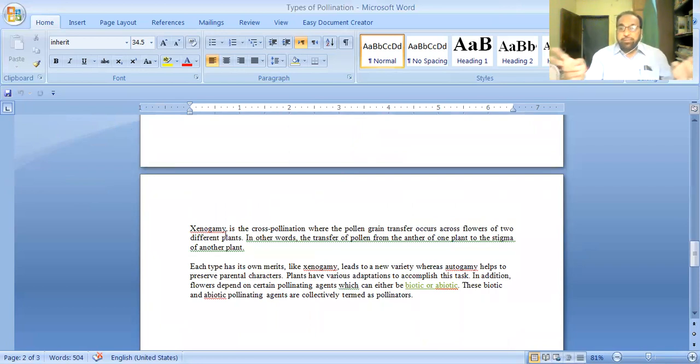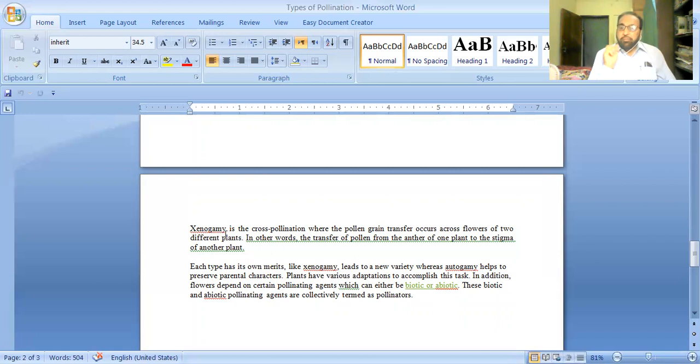Hence, this takes place between two similar species. Common examples are China rose, papaya, and many other plants. And when pollen grain is transferred from one plant to another plant, or one flower to another flower, but the flower is different, this type of cross-pollination is called hybridization.